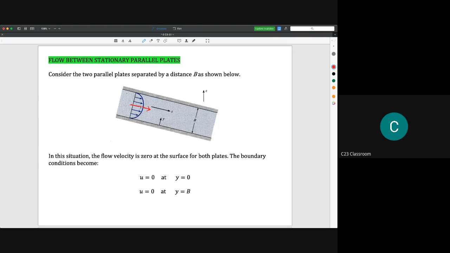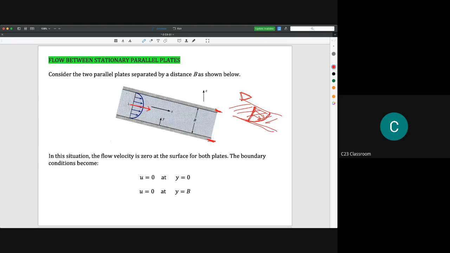Okay, previously if you have a situation where you have an incline and you have water here, if it is a free surface like this, the velocity distribution might be like this one. But now both sides are in contact with a solid surface, so the velocity distribution will be shown like this.